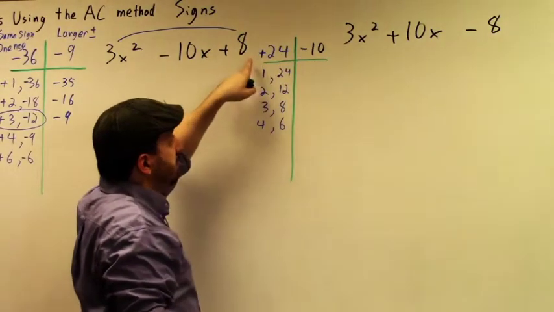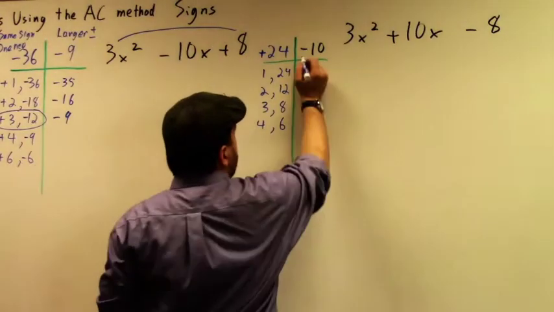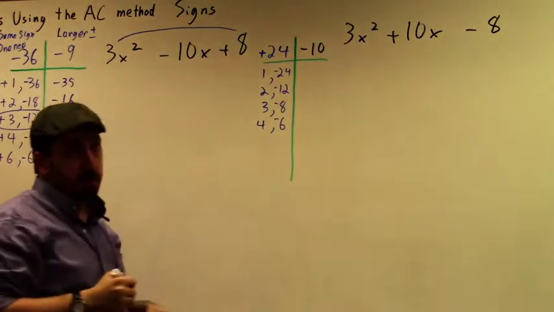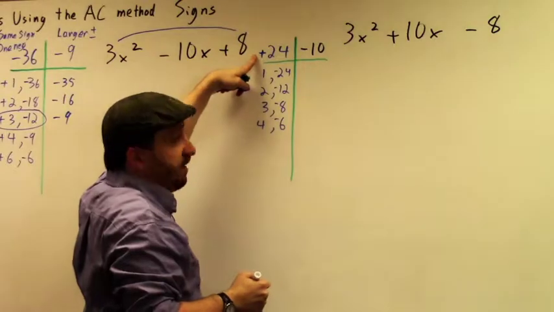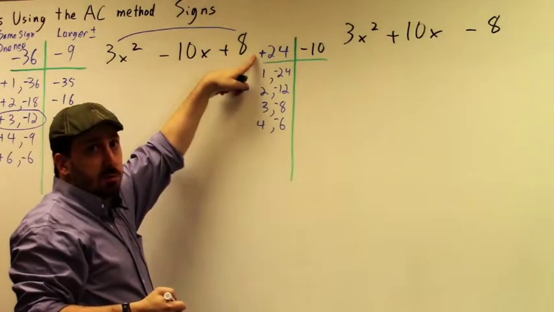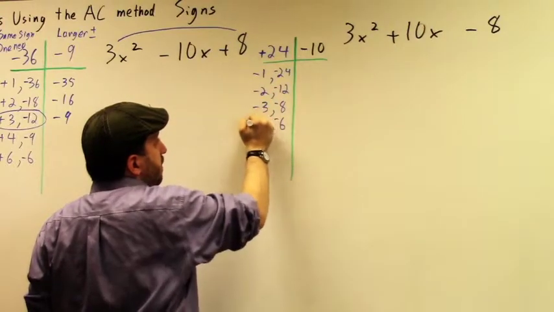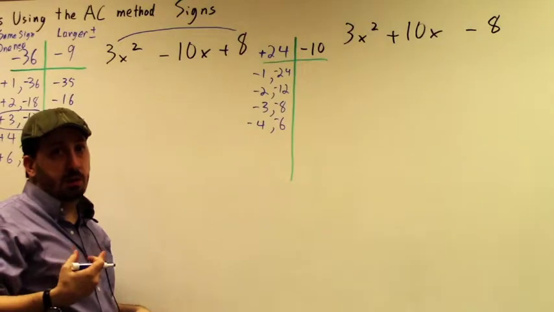This is going to tell us if they're the same or if only one of them is negative. So because this is negative, each of my larger ones needs to be negative. Because this is positive, they have to have the same sign, which means that my smaller ones also need to be negative. Okay?